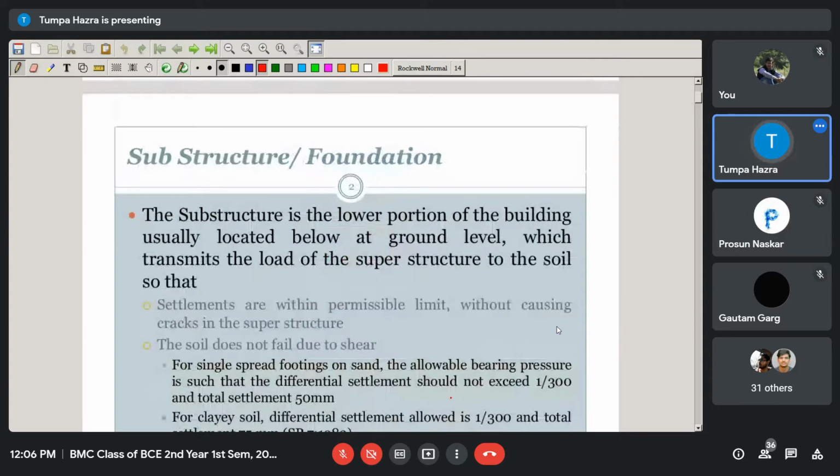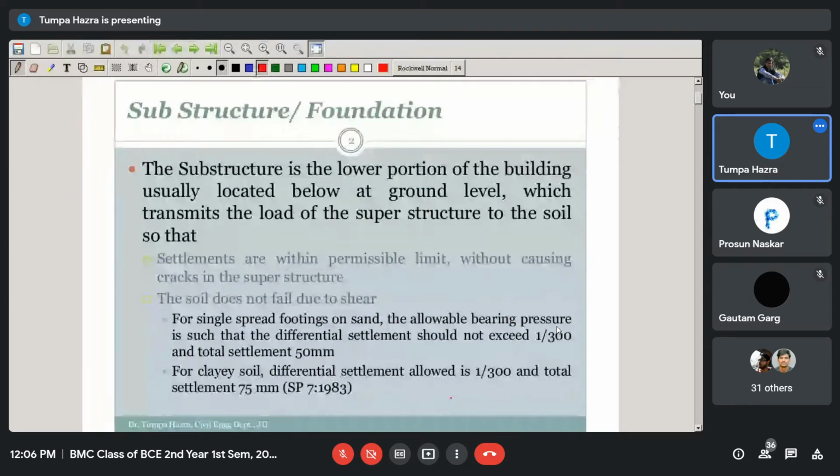It is the lower portion of the building, usually located below the ground level, and the purpose of this is to transmit the load of the superstructure to the underneath soil so that the settlement due to the load of the building are within permissible limit without causing cracks in the superstructure, and also the soil does not fail due to shear.